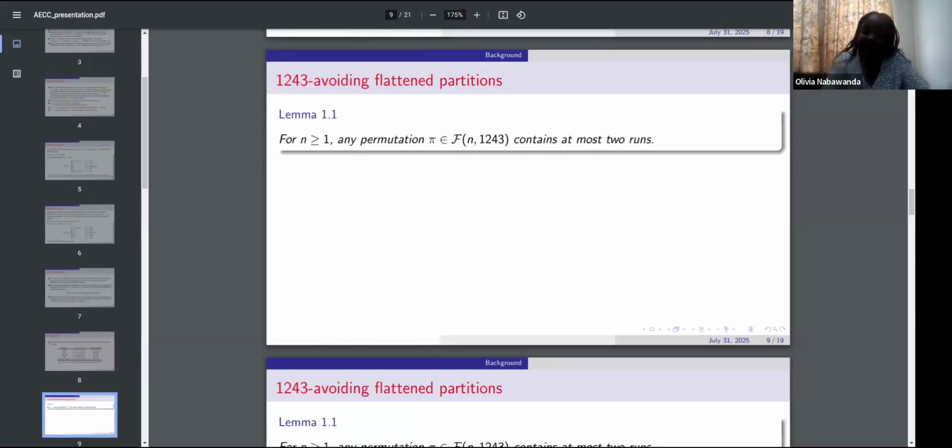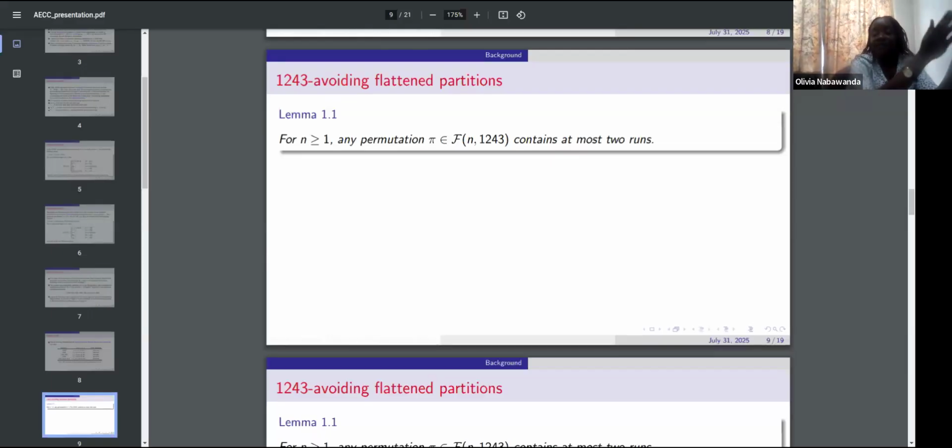Because in case you suppose that you have 3 runs, say R1, R2, and R3, then there would exist some element C in the third run, for example, so that that element C is smaller than the last element in the second run.